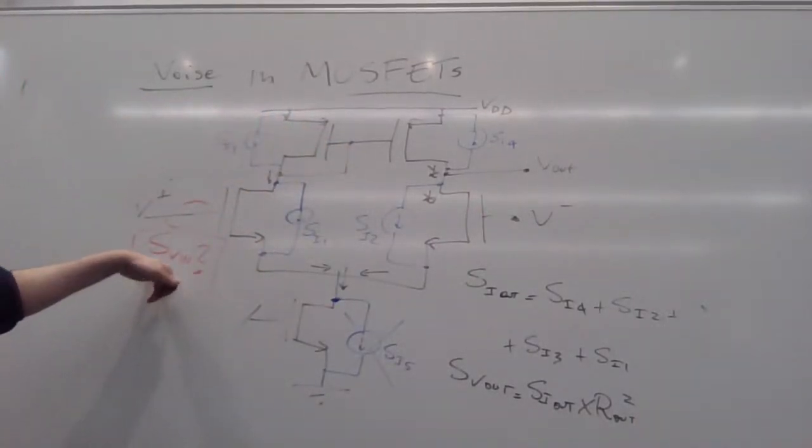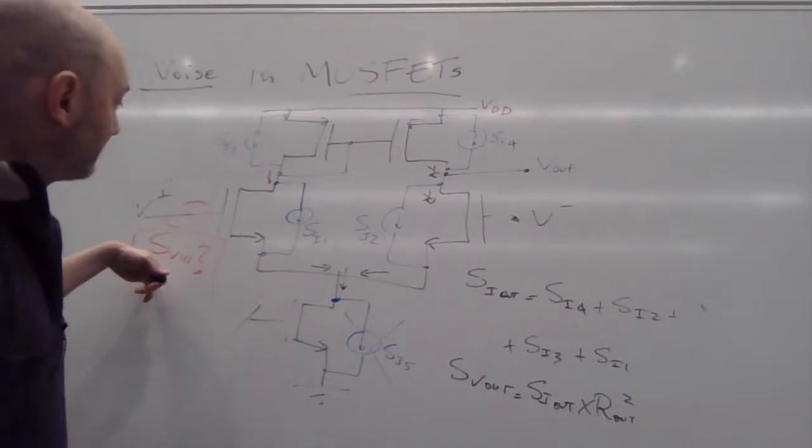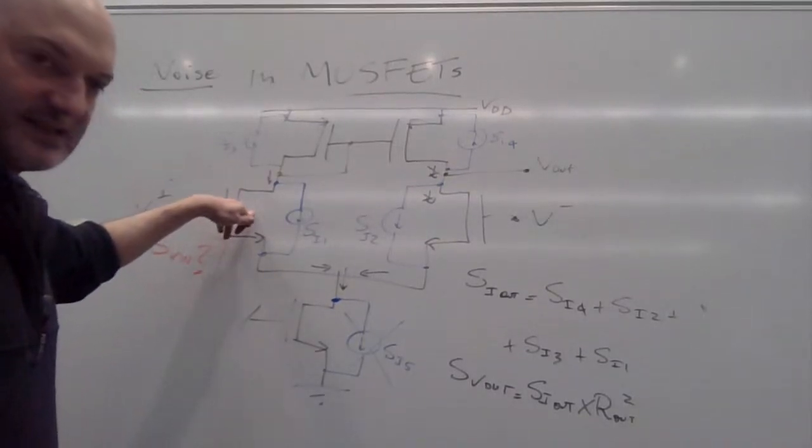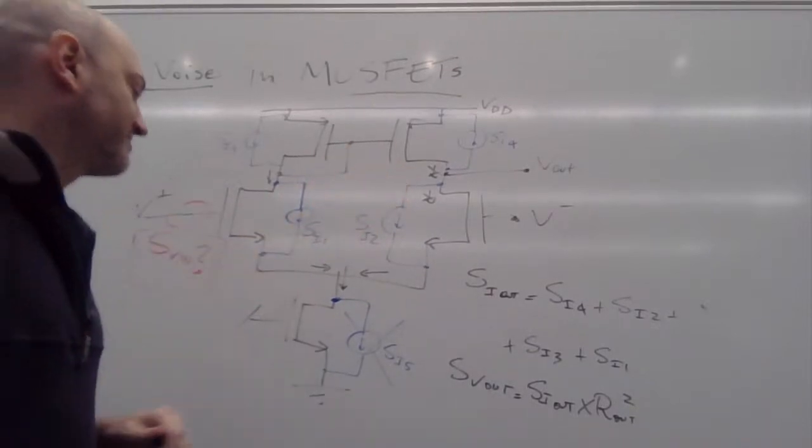And if you want the input, we need to divide by the gain squared, but the gain is given by the transconductance of the differential pair times the output resistance.